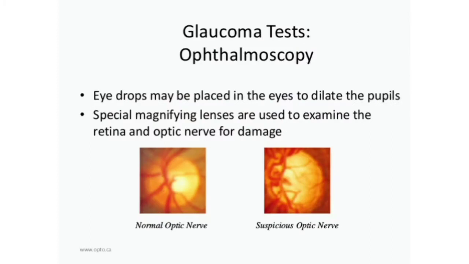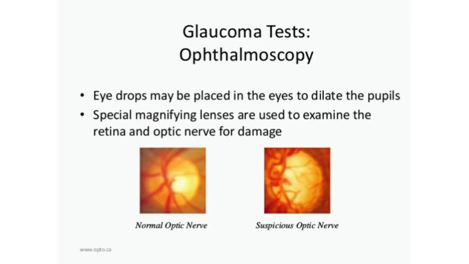Now for glaucoma tests, ophthalmoscopes are also used. Basically, before using the ophthalmoscope, the doctor may give you some eye drops which will dilate the pupil, because if the pupil dilates, then the doctor, with the help of the ophthalmoscope, will use a special kind of light which will go through the pupil and eventually fall on the retina, so you can get a clear view of the retina.